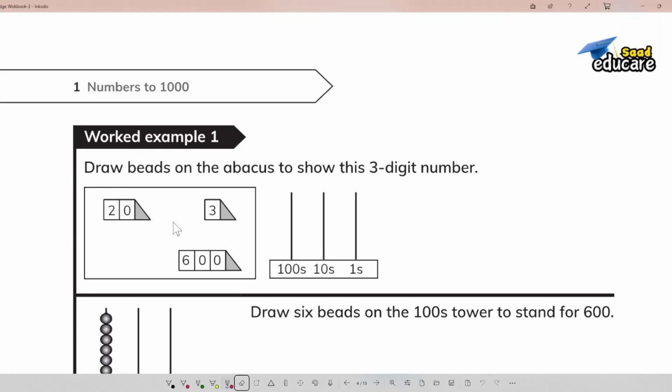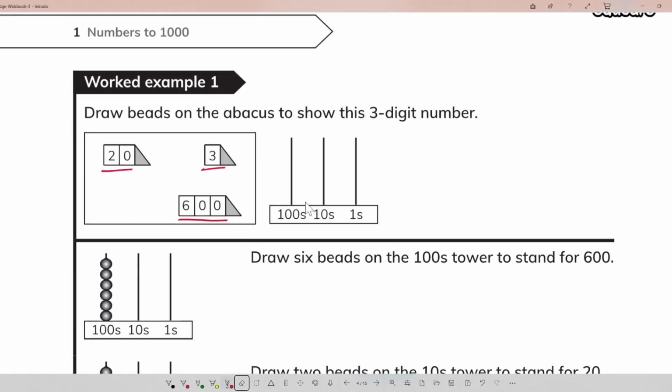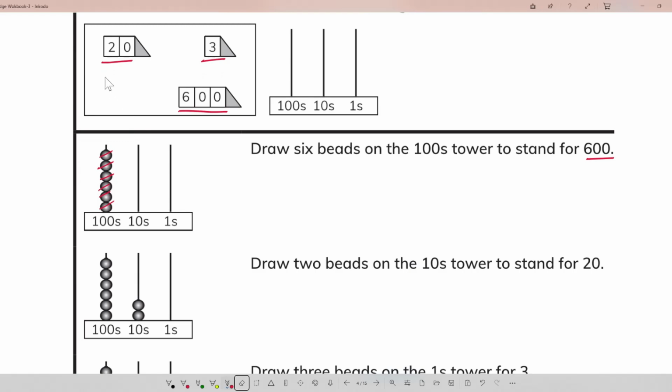Now here is a worked example, like here is 600, here is 20, and here is 3. So draw 6 beads in the 100 tower to stand for 600. Here is 1 2 3 4 5 6, this is the 100 tower, so 6 means 600. Same thing, 20 means 2 beads.